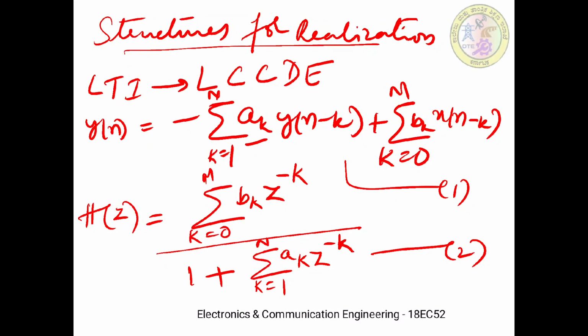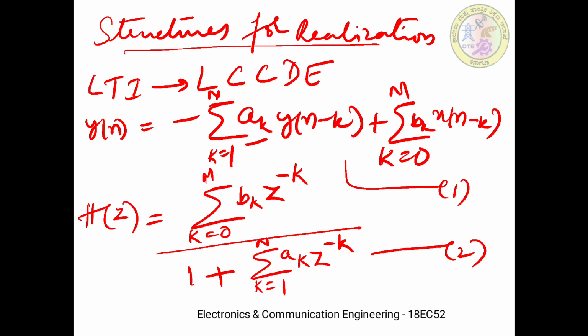Now these are the two equations. The second equation is a ratio of two polynomials in z inverse. This is going to provide the zeros and poles of the system function, and they further depend on the choice of system parameters bk and ak.